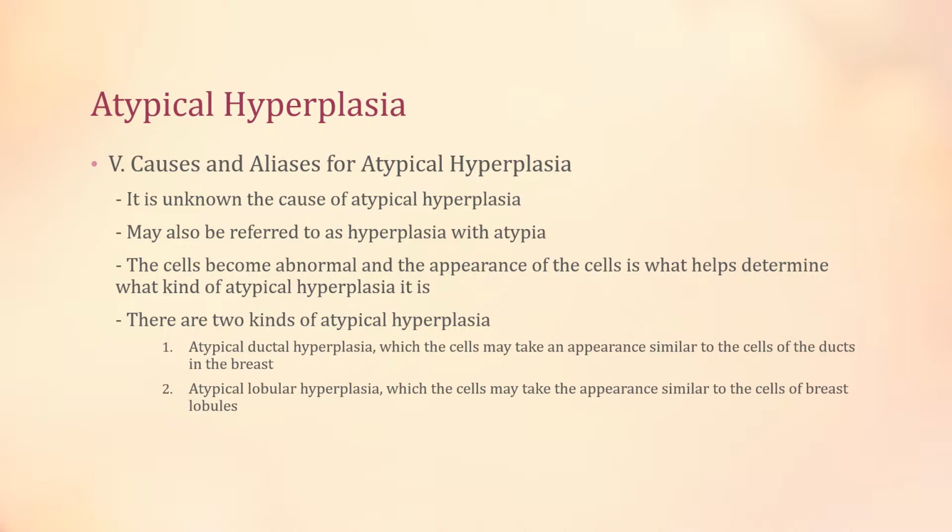There are two kinds of atypical hyperplasia. Atypical ductal hyperplasia, in which the cells make an appearance similar to the cells of the ducts of the breast. Atypical lobular hyperplasia, in which the cells make an appearance similar to the cells of breast lobules.